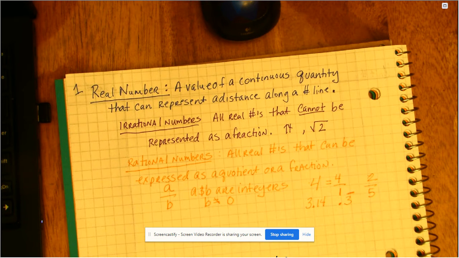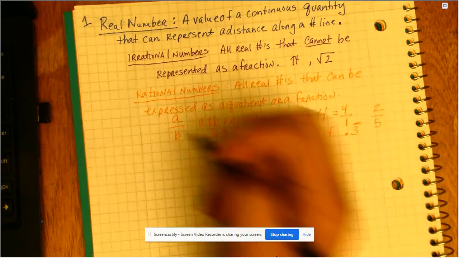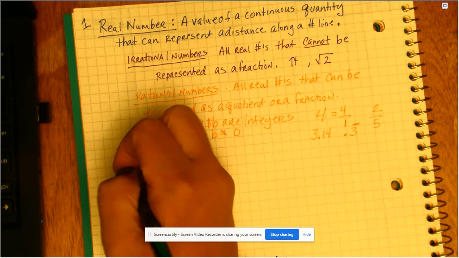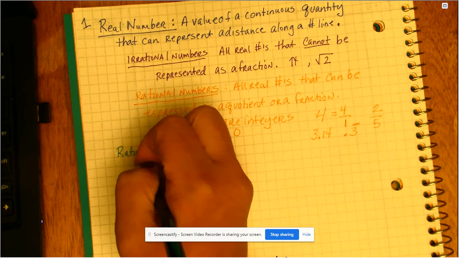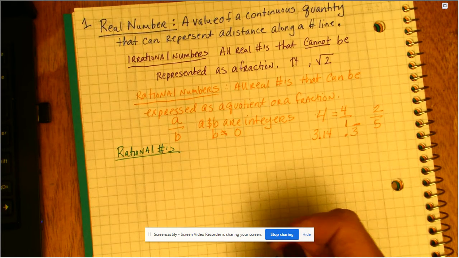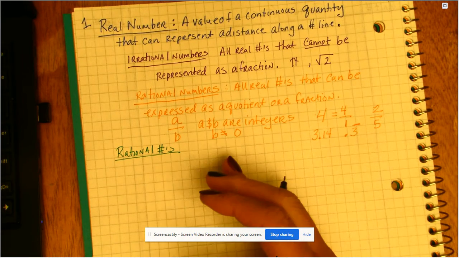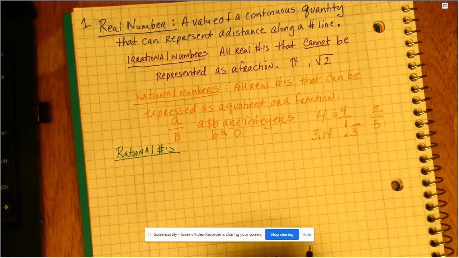The rational number family then breaks down into, so we're going to put rational numbers. And everything underneath here is actually a member of the rational number family. We're just going to keep on seeing how things kind of narrow down.